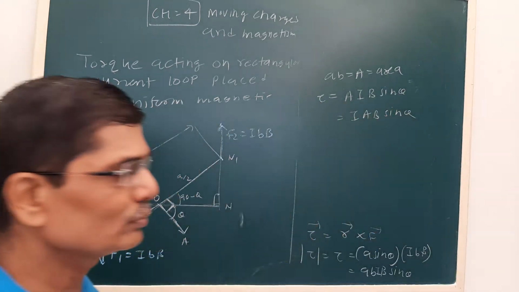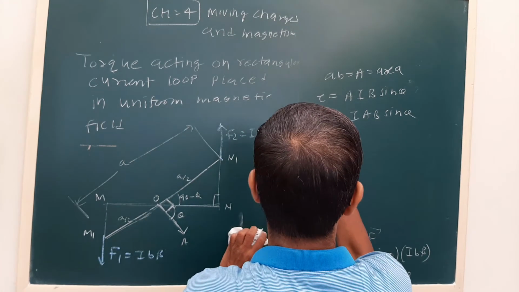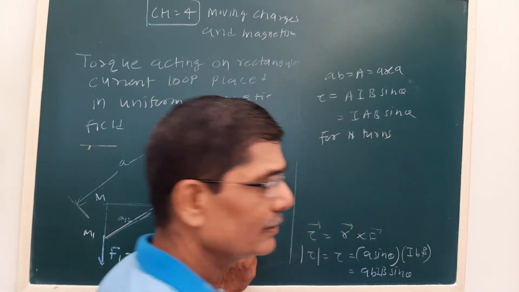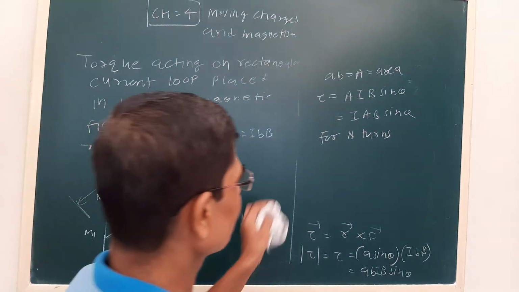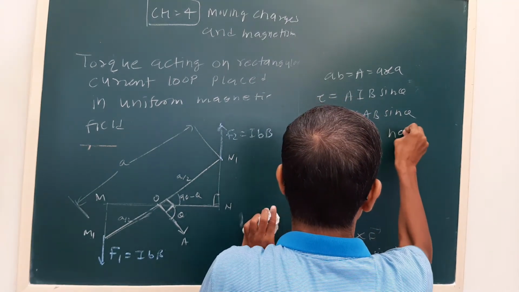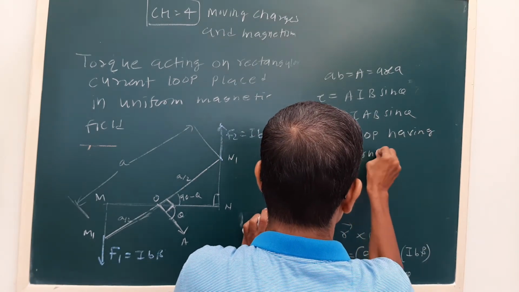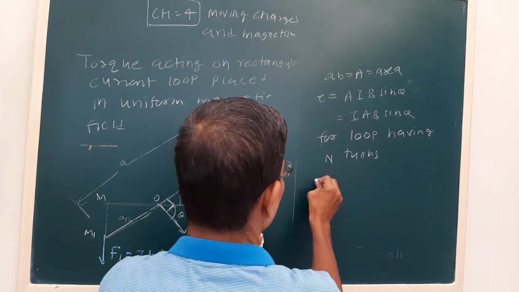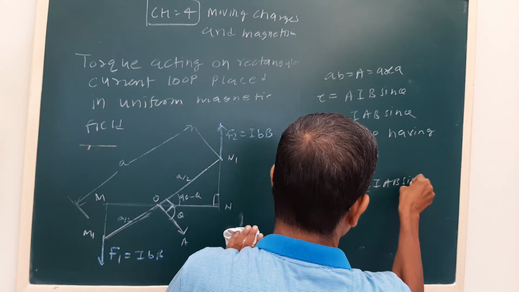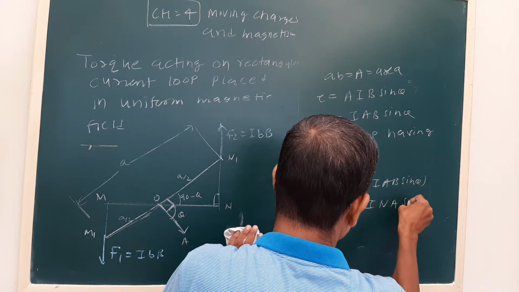Now here we have assumed there is only one loop. If there are n turns in the loop, or we can write for a loop having n turns, torque will be NIAB sin theta, or we arrange it as popularly known as NIAB sin theta.